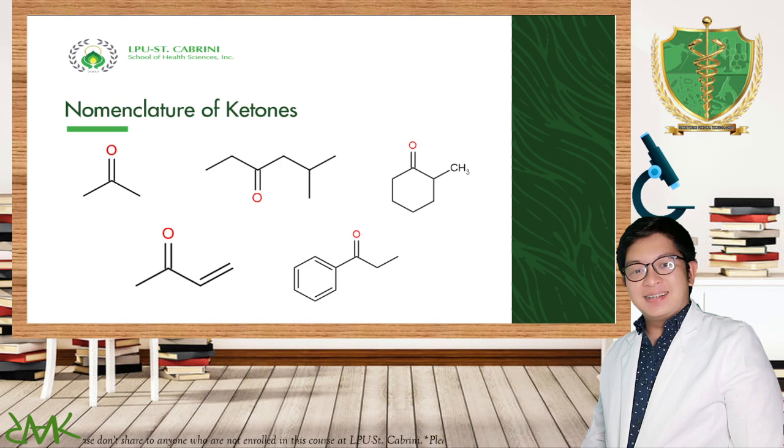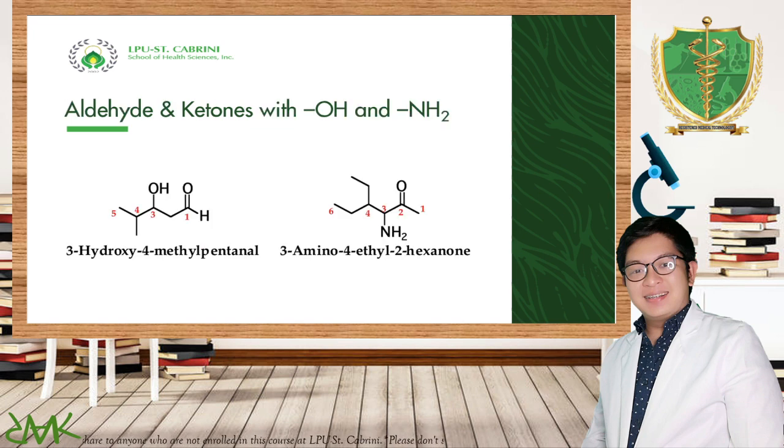Now, how about aldehydes or ketones that contain a hydroxyl group and an amino group? Again, take note that aldehydes and ketones are superior to alcohol and amino groups. Therefore, if there are hydroxyl or amino groups present in our long chain of carbon, they will be named as substituents, aside from being named as the parent organic compound.